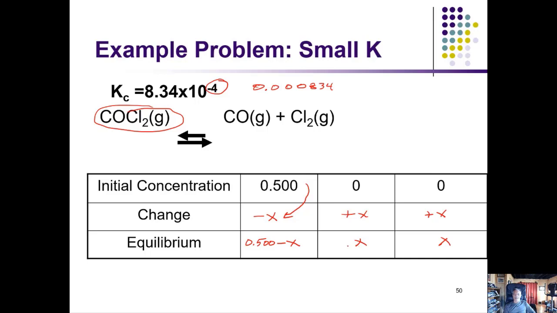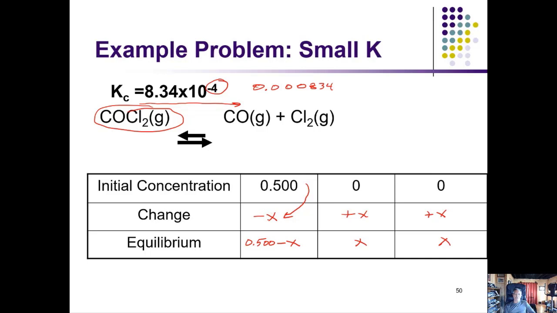Now, first things first. X is not 0. There is some product over here. This is not a 0 equilibrium constant. We would have no reaction if it were a 0 equilibrium constant. Some of our reactant has moved to form products, but not very much.